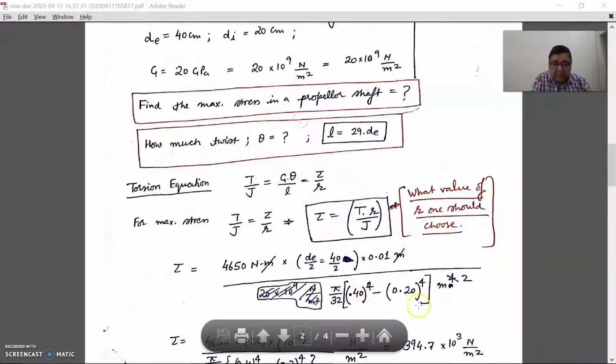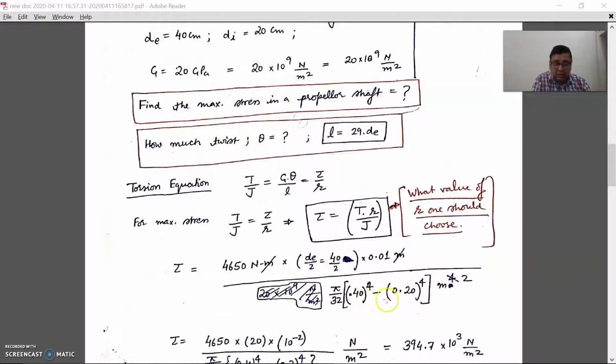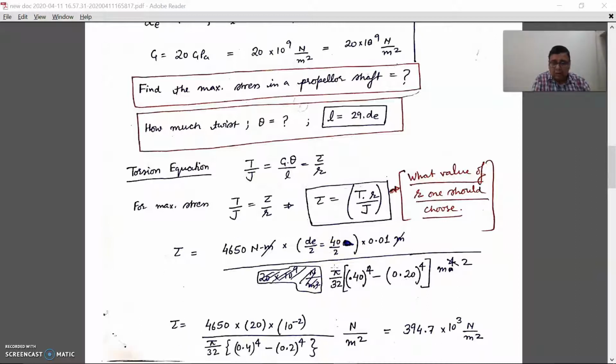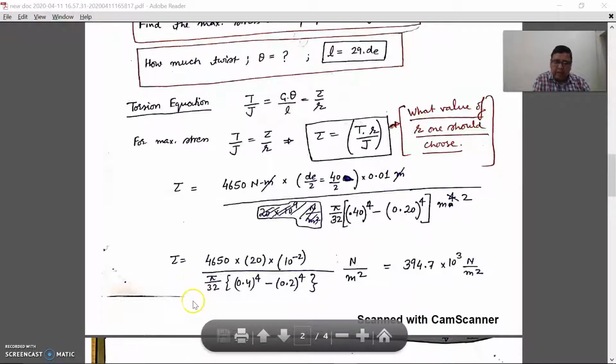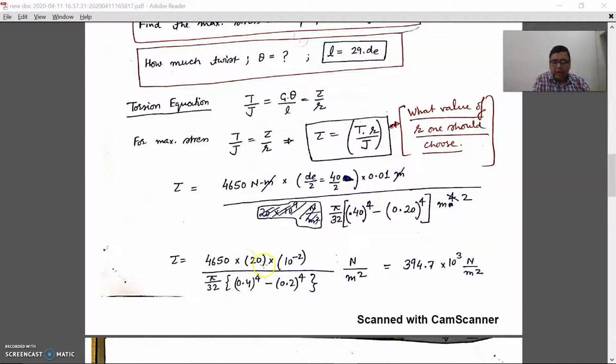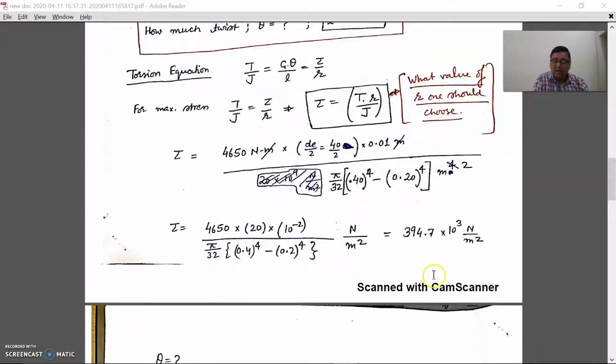In this term it is in centimeter to the power 4, so I had already converted this into meter to the power 4, and on the same line this R also. So if we do so, then we'll get the value of tau, and in this you have to convert this 20 and you will get the answer. This answer is correct, right?